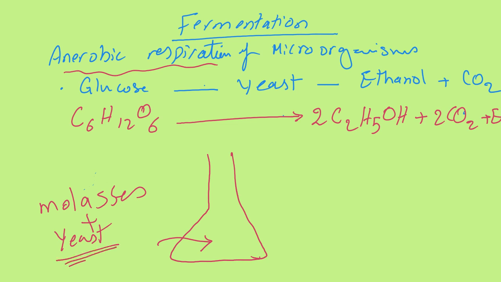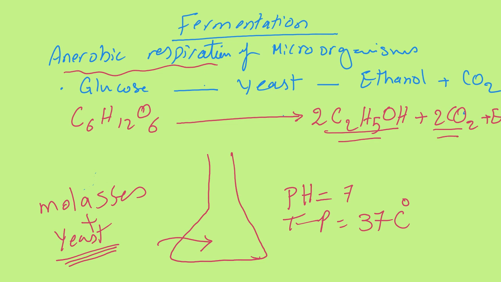Because yeast is a living organism, it's very sensitive to pH change. So you need to monitor and keep the pH at 7, and keep the temperature at 37 degrees Celsius. Yeast has enzymes that are going to break down glucose into ethanol and carbon dioxide.